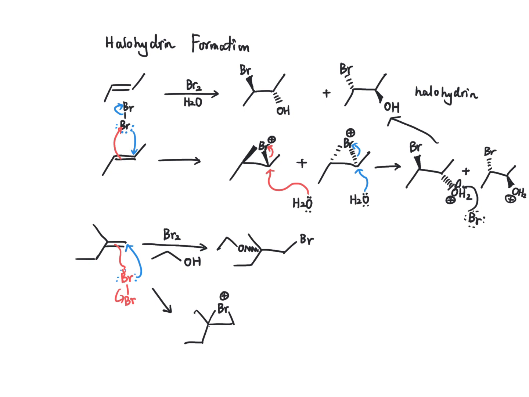So I need to put this in dash, this in wedge, and also this in wedge and this in dash. So for these two carbons right here, the left carbon will have more positive charge.